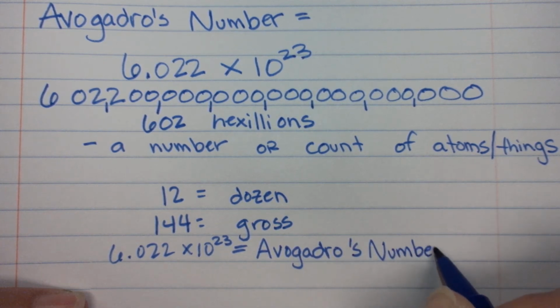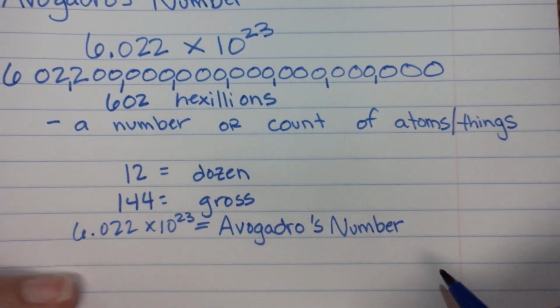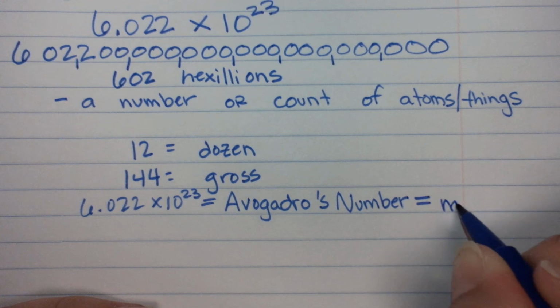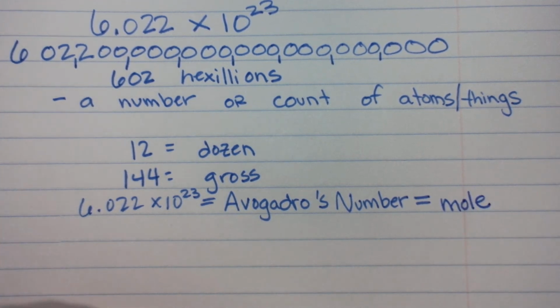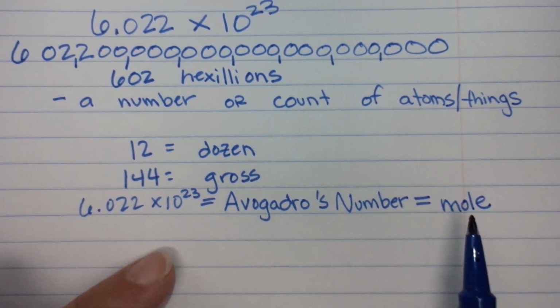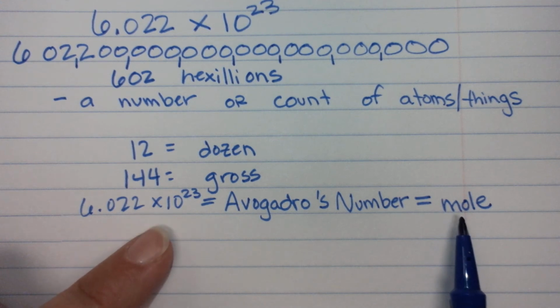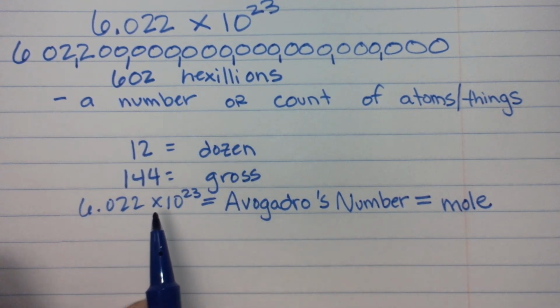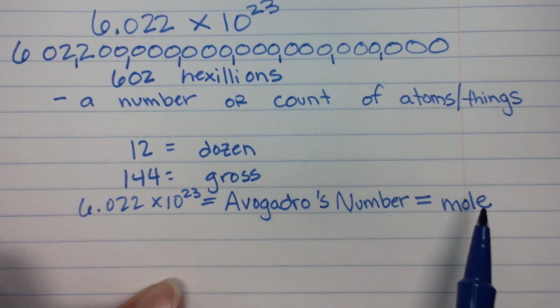There's another word for this too. Of course, science always has a bunch of extra stuff. Avogadro's number also is called a mole. So not the little furry thing that digs in the ground in this class, but a mole. So 12 is a dozen, 144 is a gross, 6.022 times 10 to the 23rd is a mole.